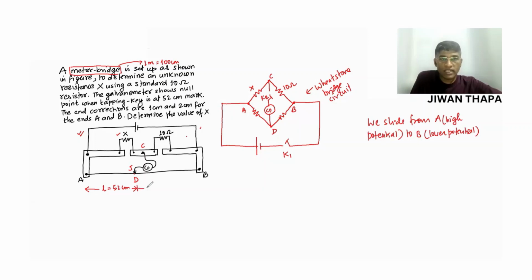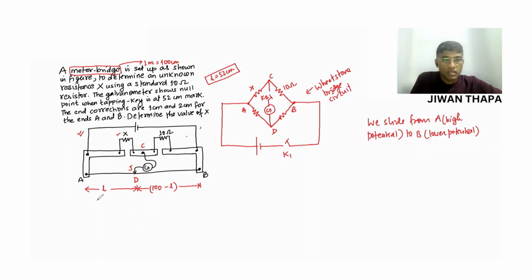Therefore, the remaining length DB is 100 minus L. So this is in centimeter. Let me write it in the form of formula. Keep in mind, L is 52 centimeter.